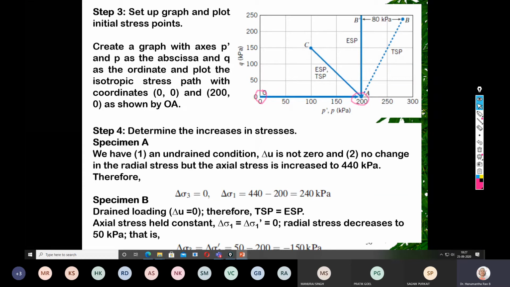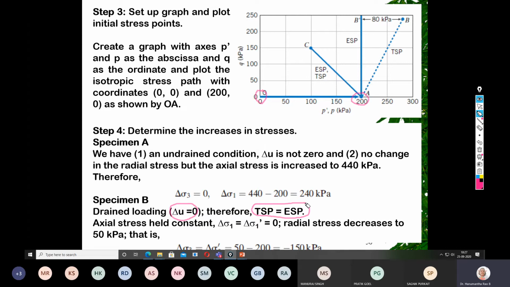Then for specimen B, this is drained loading, so delta U is 0. Therefore the total stress path is nothing but the effective stress path. Whenever delta U is 0, you should understand that there is no difference between the total stress path and the effective stress path.